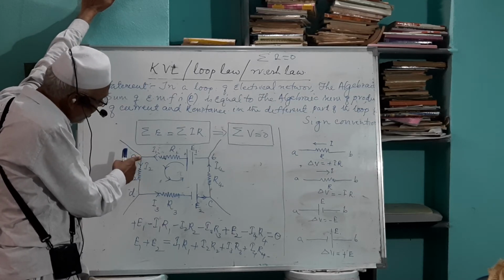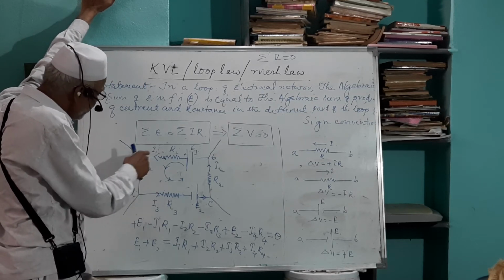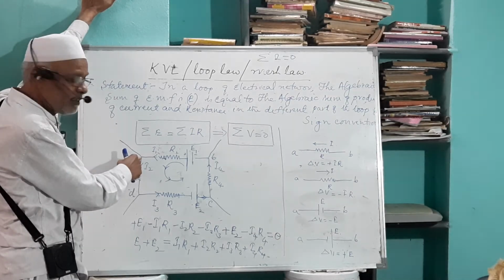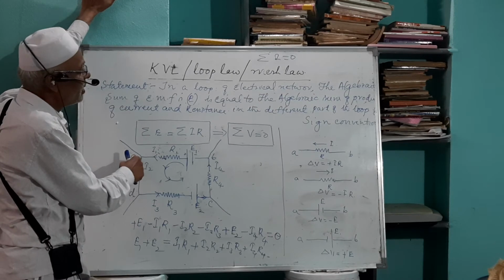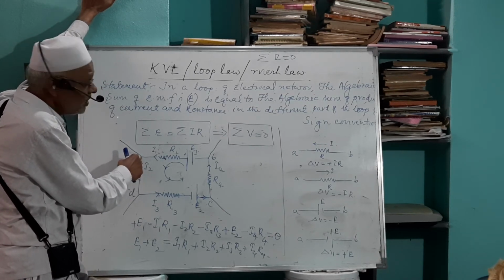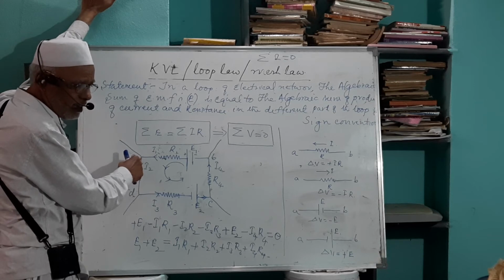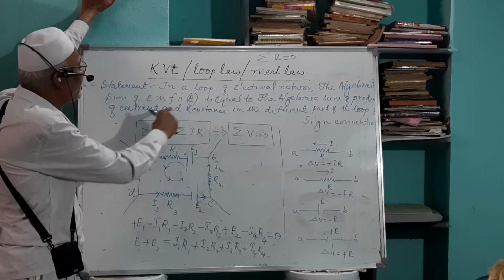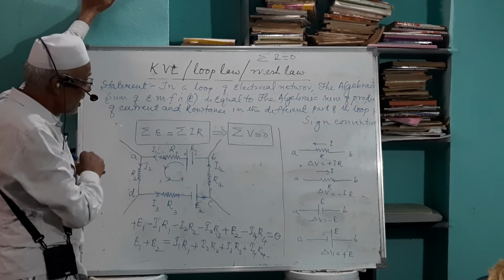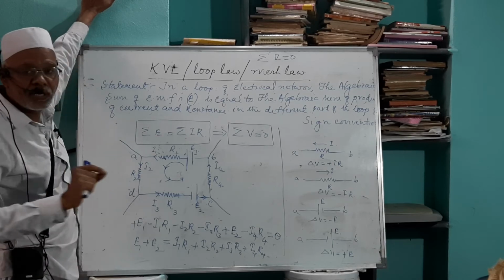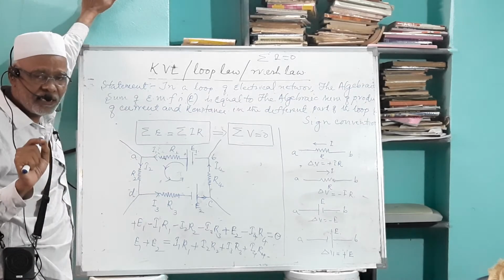After rotating and coming back to this point, the change in the energy of the charge will be 0. So the energy of the charge remains constant. Therefore, Kirchhoff's second law is based on the conservation of energy principle.